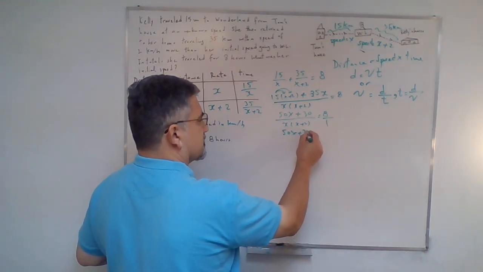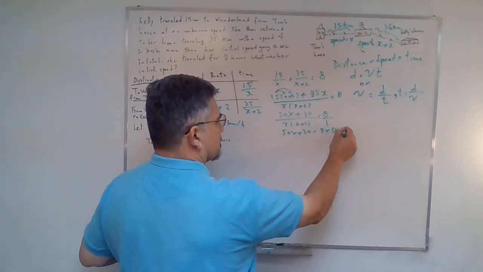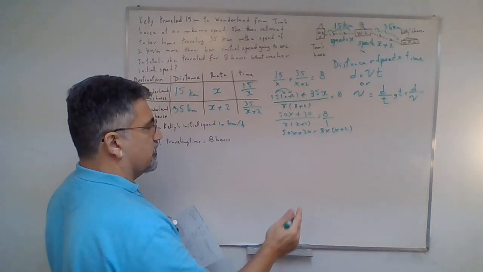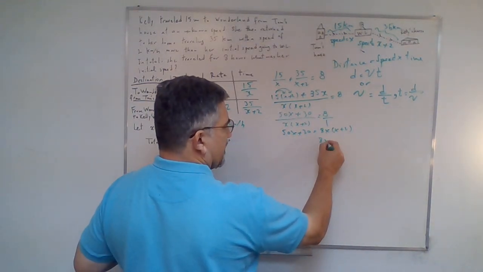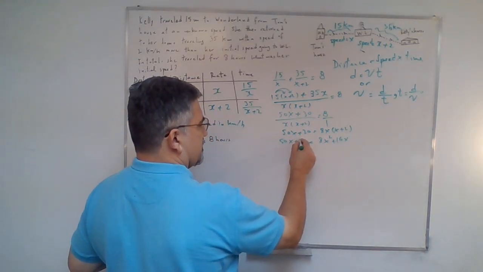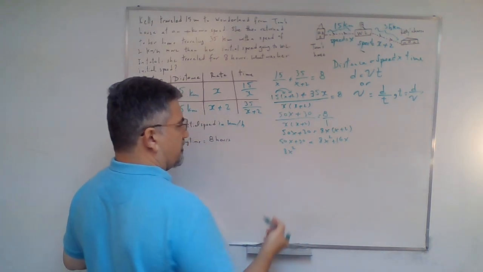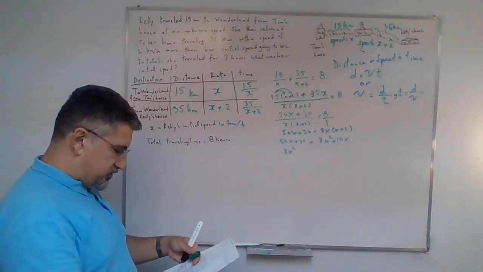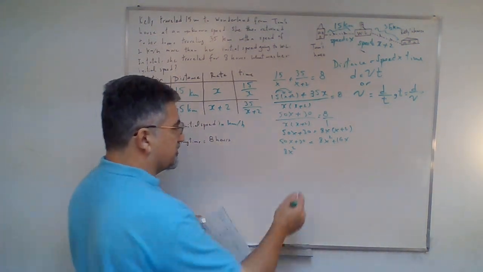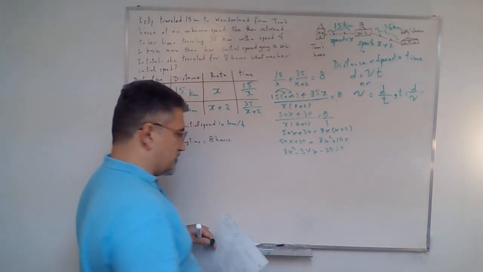So 50x plus 30 equals 8 times x plus 2. And now we can do 8x squared plus 16x. And we can move everything to one side of the equation. So we end up with negative 50x plus 16x, which is negative 34x, and minus 30 equals 0.